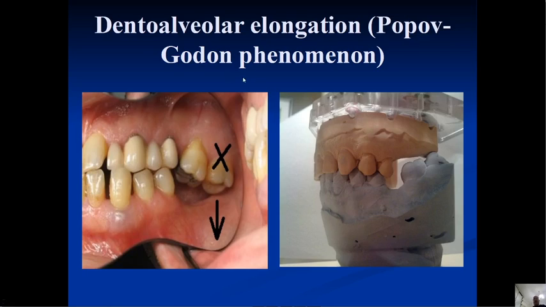And here you can see the so-called Popov-Godon phenomenon, dental alveolar elongation, when we have a vacant space. And so here is a deformation of the teeth row when all these teeth are sunk, get down.